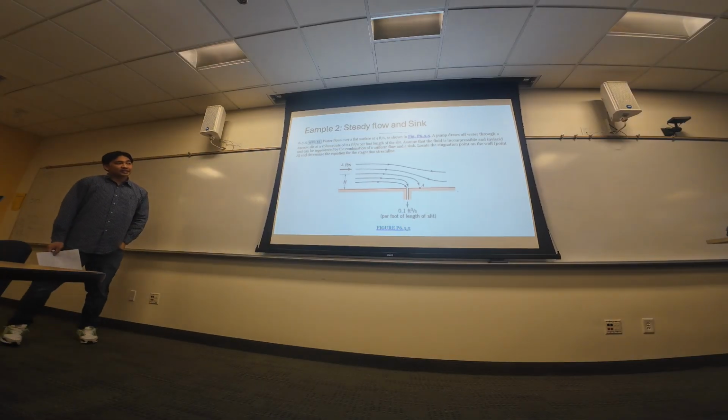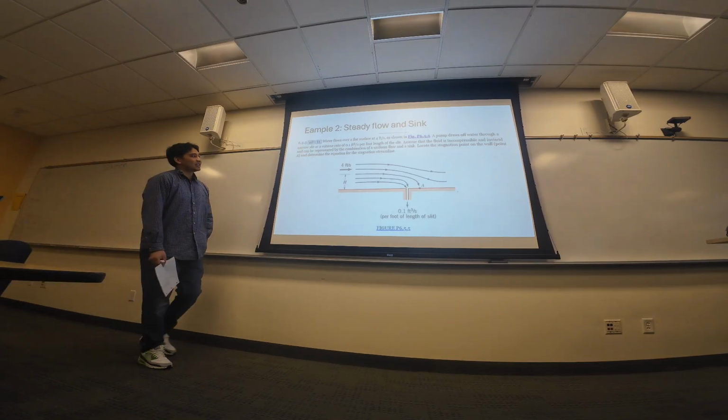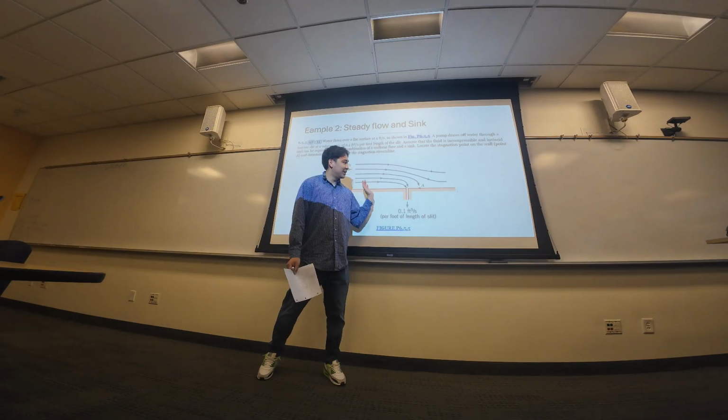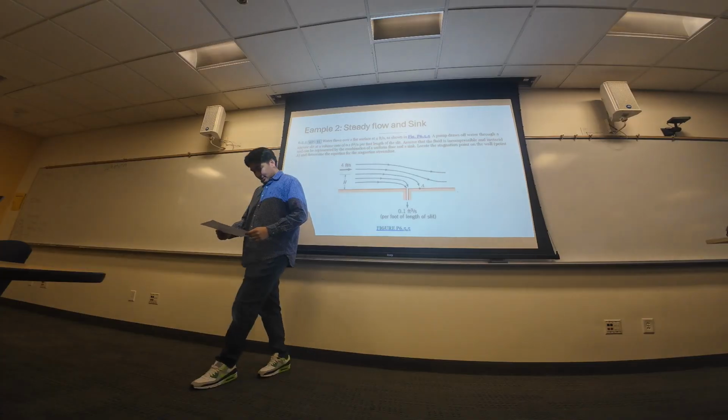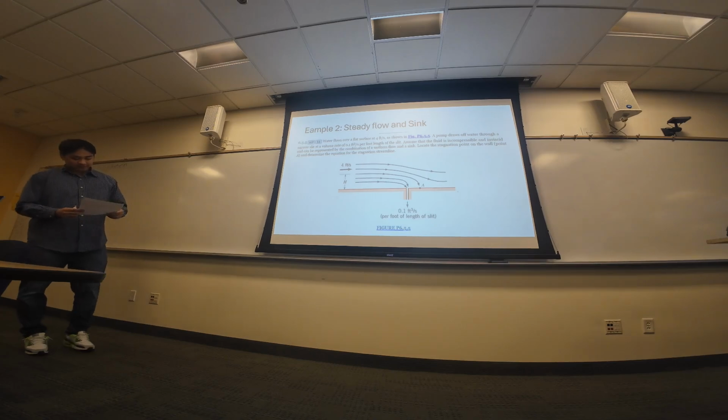Okay, locate the stagnation point on the wall. One thing I did not like about this problem, they use the wall and flat surface. This is the wall. Stagnation point is here, A. And determine the equation for the stagnation streamline.